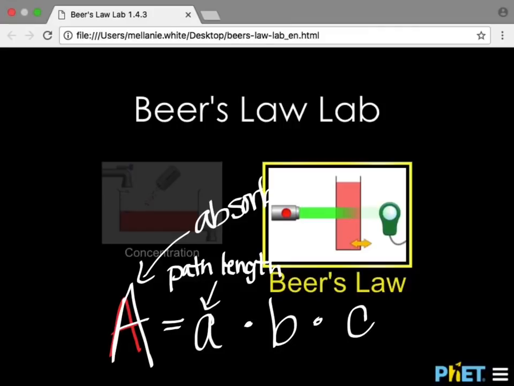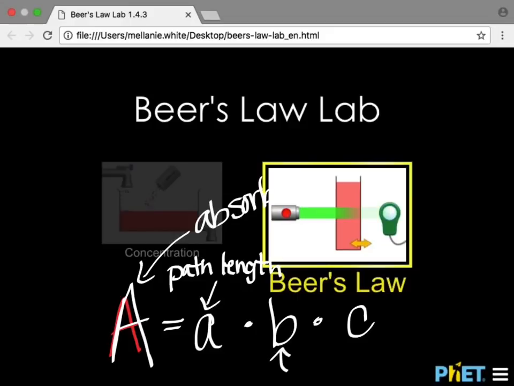Our path length is how far our light has to go through the liquid before it gets to the sensor. However wide your test tube is, that's your path length. So if you're using the same test tube over and over again, then path length is going to be a constant. It's not going to change.